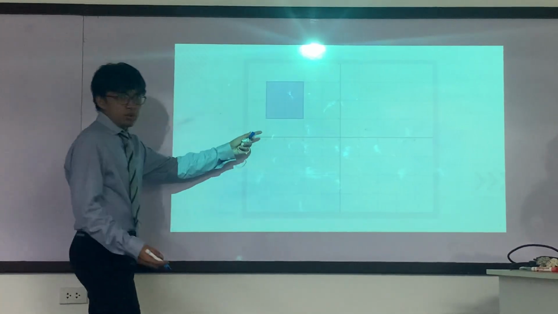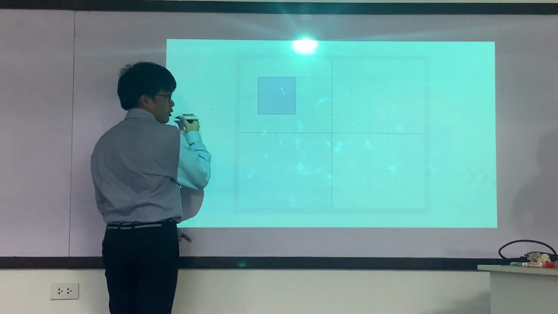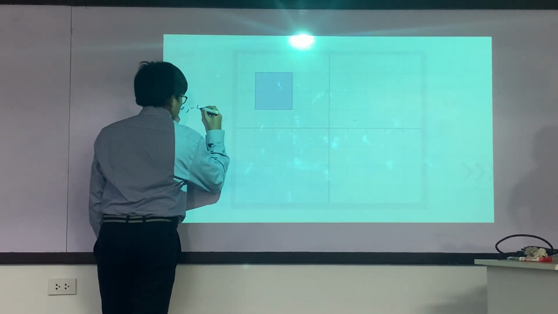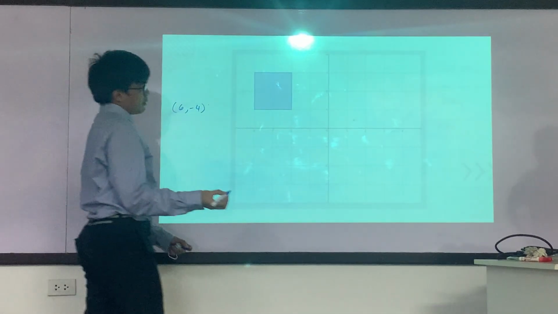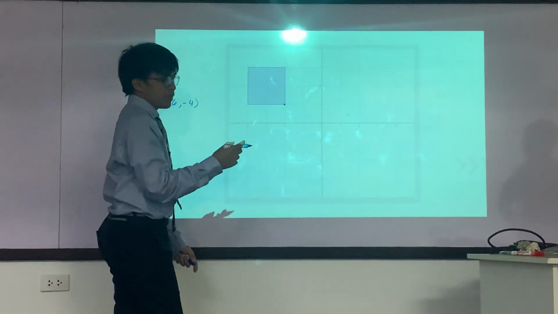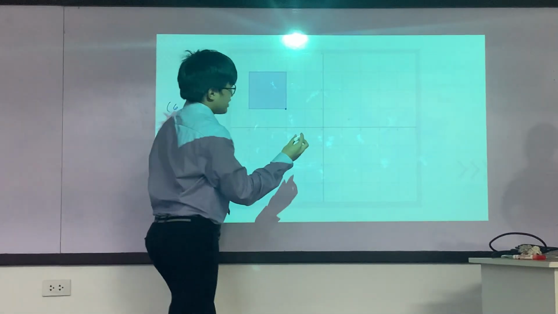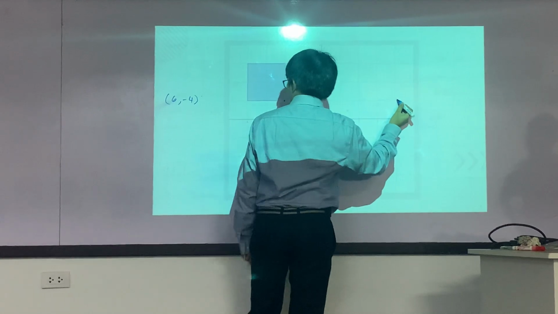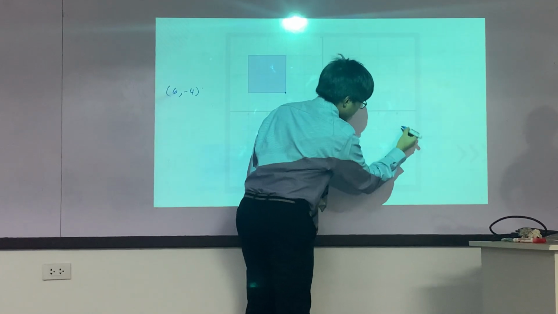See a blue square here. Let's translate that square using this vector. So let's start by grabbing a point and then moving it 6 units towards the right: 1, 2, 3, 4, 5, 6, and then 4 units downwards: 1, 2, 3, 4.